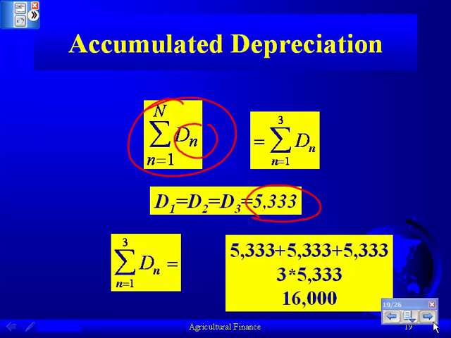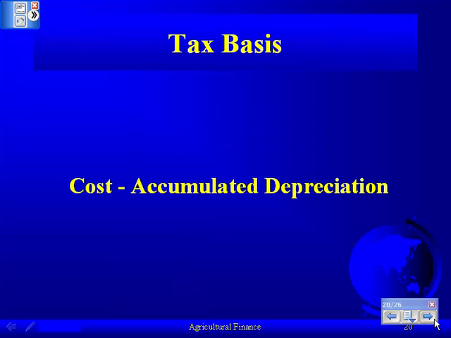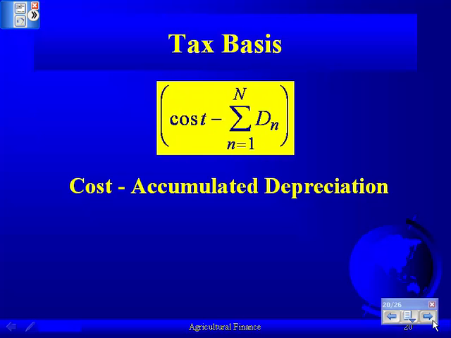That's what we've claimed. For the tax basis, we get that by taking the cost minus the accumulated depreciation. The cost, if you recall, was $80,000. The accumulated depreciation we calculated on the previous slide was $16,000.